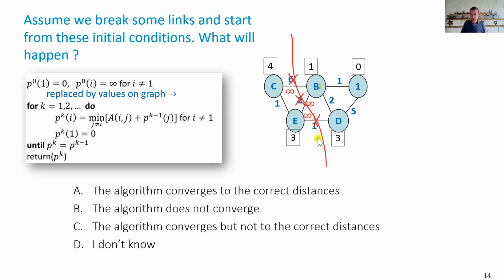So this could happen, and if this happens, are we able to continue to run Bellman-Ford, or should we reset the network? So same question, what will happen here?